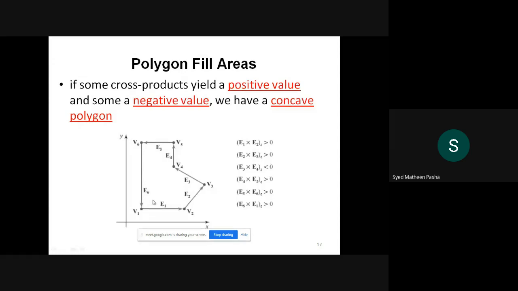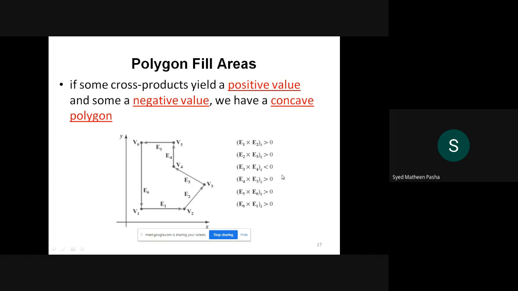So starting from edge 1 to edge 6, that is E1 to E6, I'll be taking all the cross products. If the cross products of those edges are greater than 0, lesser than 0 and greater than 0, that is positive and negative values, I can tell this example is a concave polygon. If you have only positive values or only negative values with respect to this cross product, I can tell that it is a convex polygon.